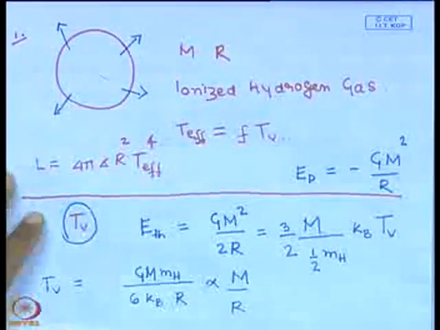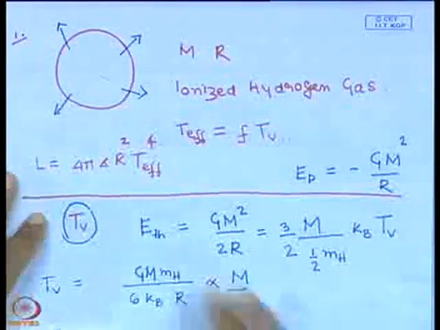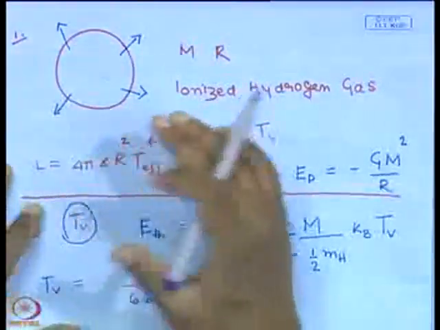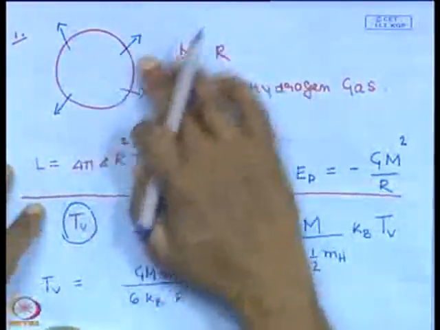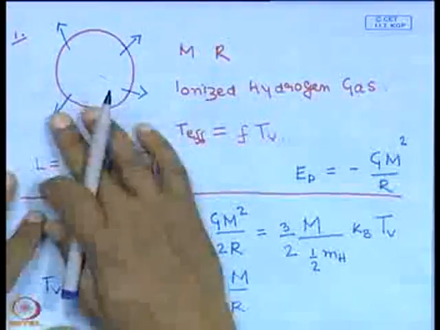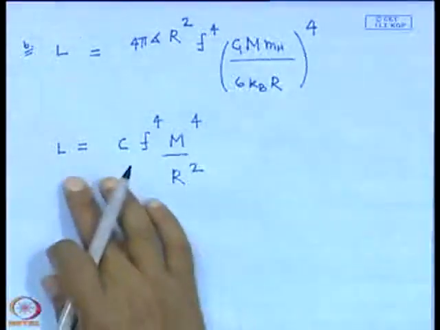Okay. So, the total energy and the thermal energy are equal in magnitude. So, you can just equate the loss, and the thermal energy will increase if it loses energy. We have already discussed this. So, we can now equate the rate of loss in energy to the luminosity.